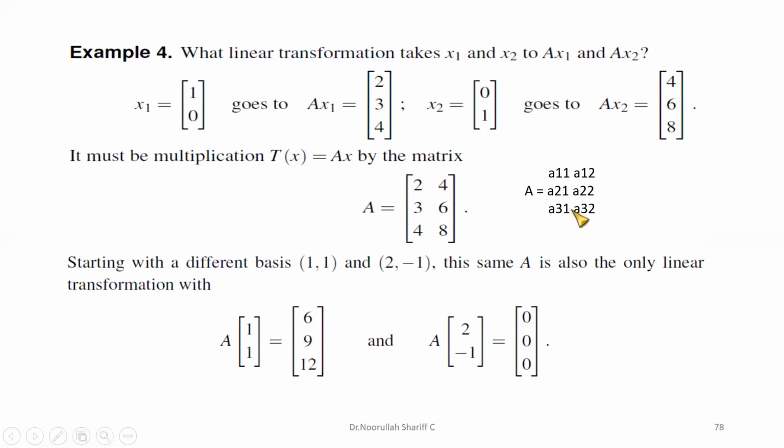Now we can consider A as a matrix which consists of A11, A12, A21, A22, A31, and A32.